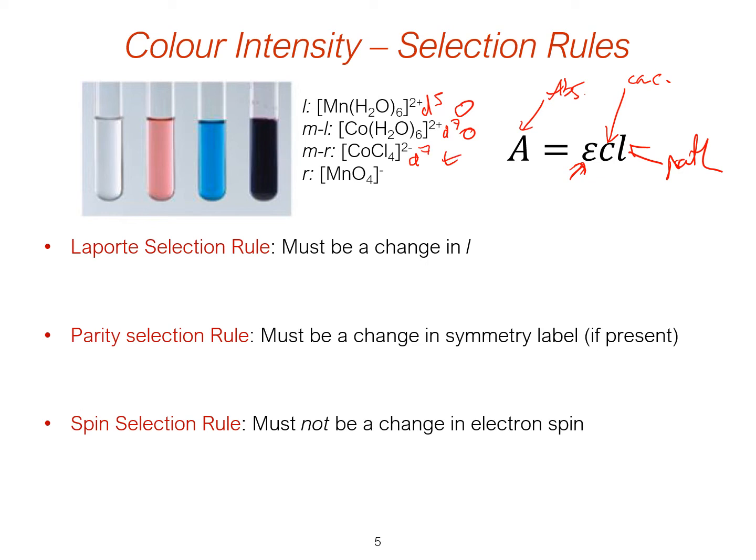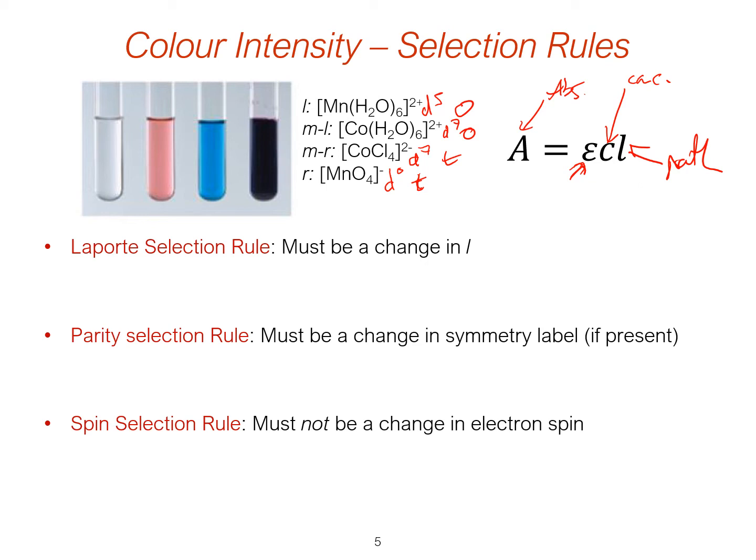And this manganese oxide is d0 and tetrahedral. So let's go through these selection rules. Essentially, the more selection rules that are ticked, the more likely the transition is to occur, the higher the value of epsilon, and the more absorption, and therefore the more intense the colour will be.